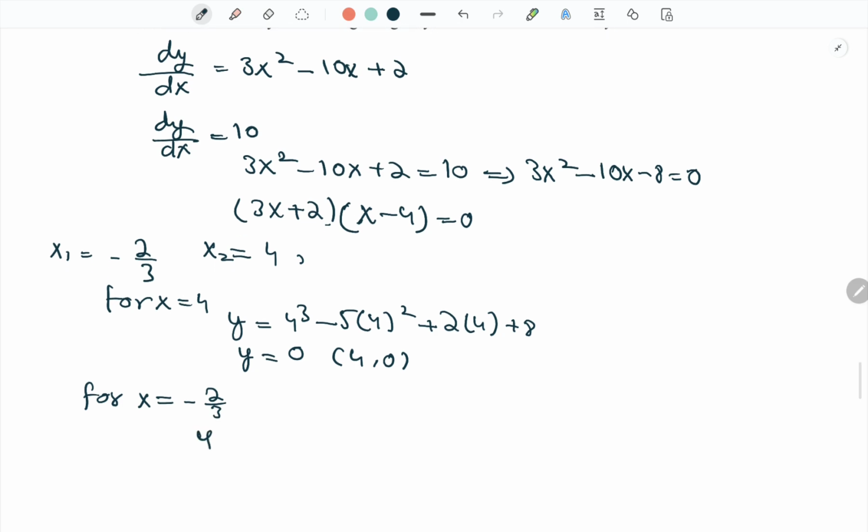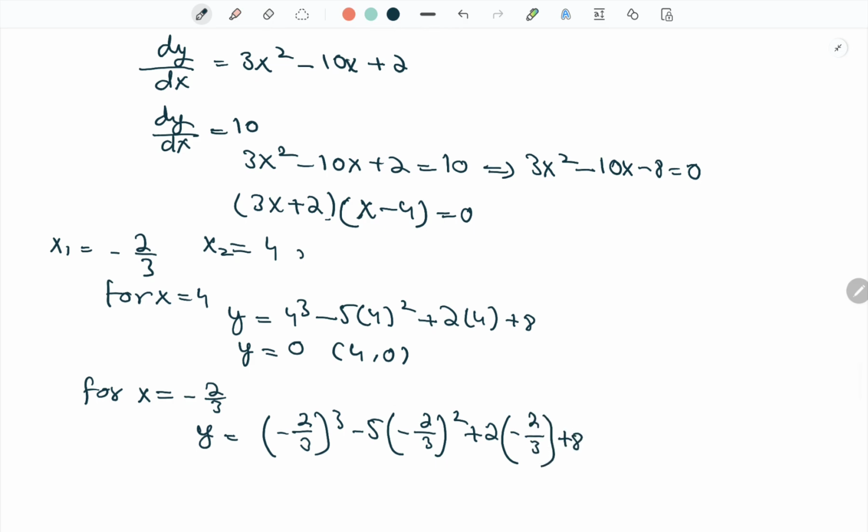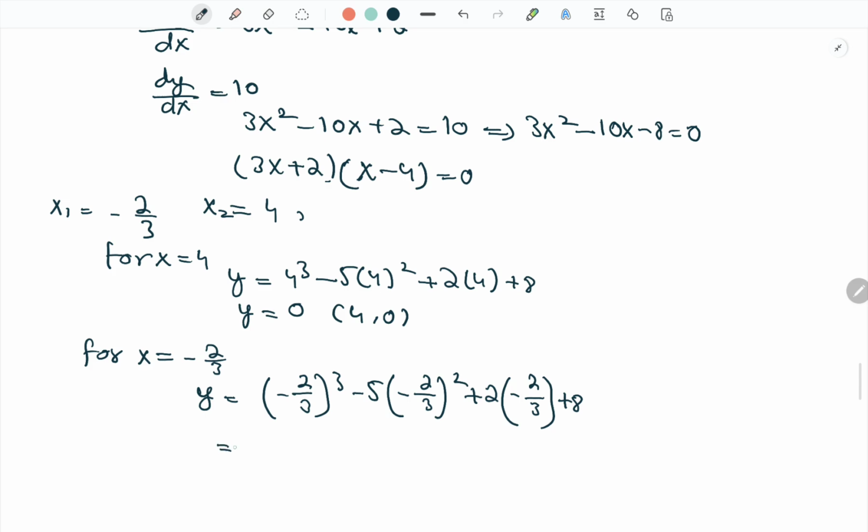Okay, so y equals negative 2 over 3 cubed minus 5 times negative 2 over 3 squared plus 2 times negative 2 over 3 plus 8, right? So negative 2 over 3 cubed, we get negative 8 over cube of 3, that is 27, negative 5 times 4 over 9, right?